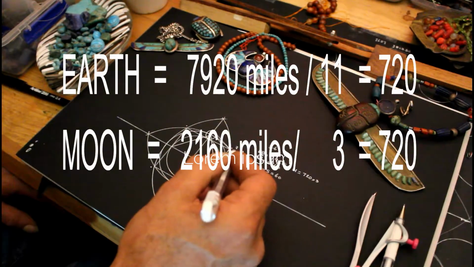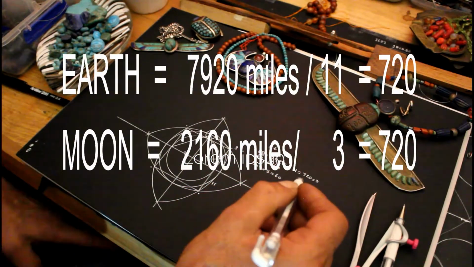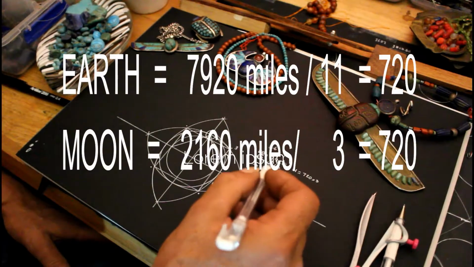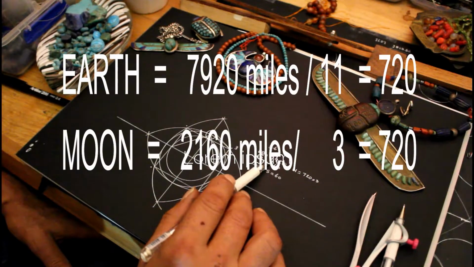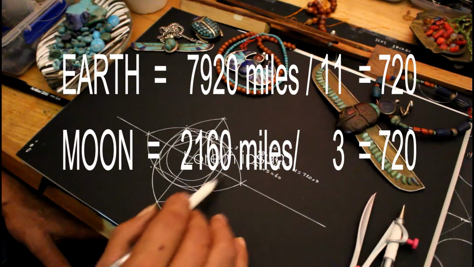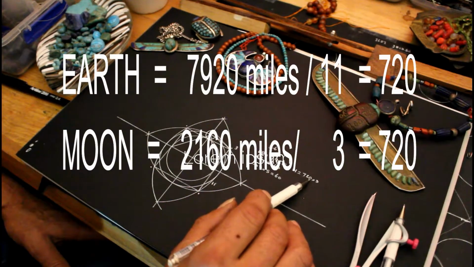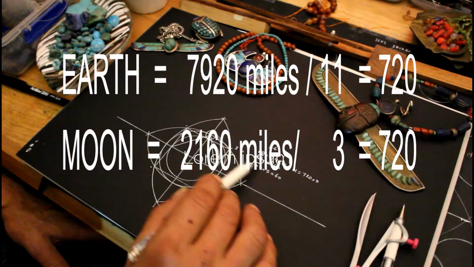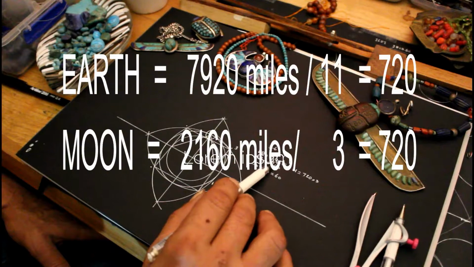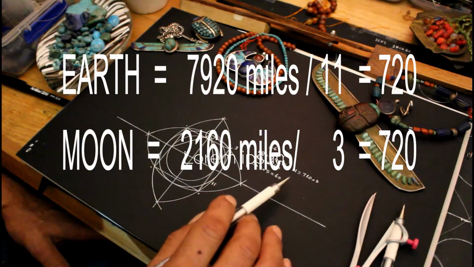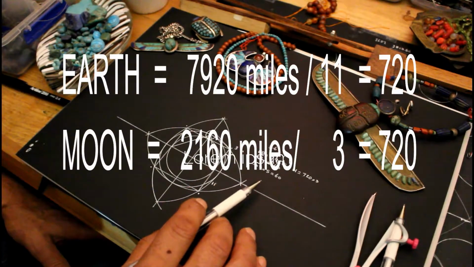If we multiply that by these ratios in as far as the moon goes, the diameter of the Earth, 7,920 divided by 11 equals 720 times 3 equals 2,160, which are both the dimensions of the moon and the Earth.